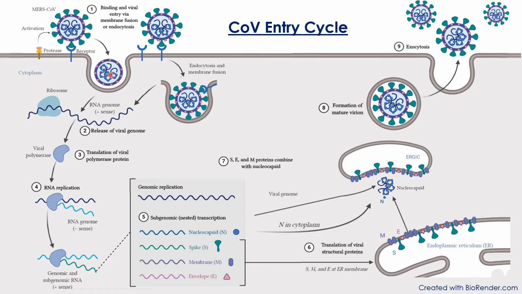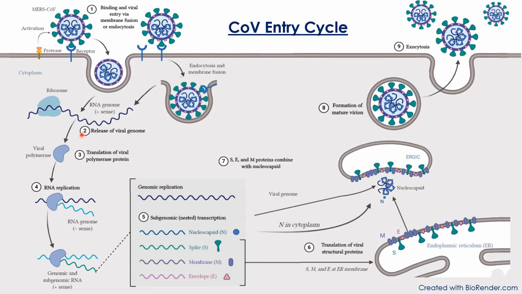So once it has entered either through fusing with the membrane or via endocytosis, it releases its nucleic acid inside the host cell. The RNA genome is positive sense, meaning it can be directly translated to produce the viral polymerase.